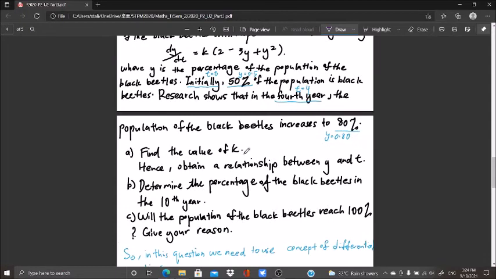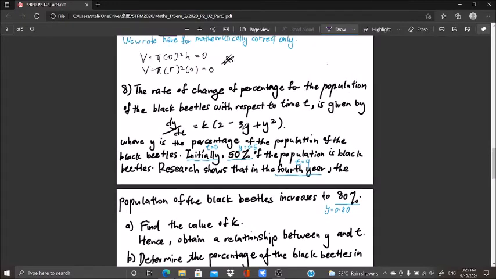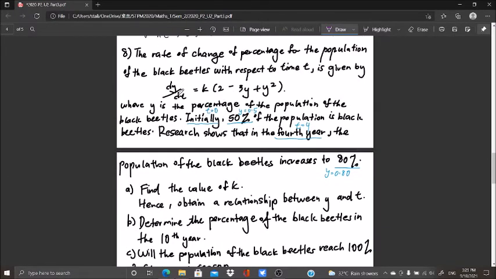First, we must find the value of k, hence obtain a relationship between y and t. How do we obtain k? First thing first, integrate both sides, because this is the chapter of differential equations. Bear in mind, when the question involves time t, you must know where it comes from.